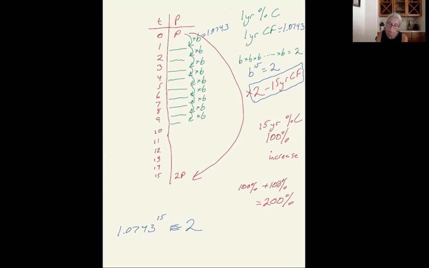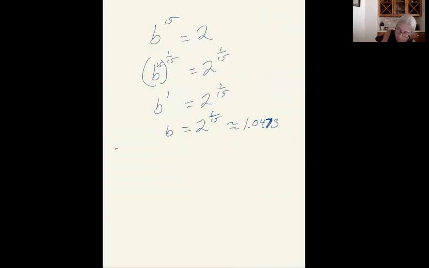Now, to go from a 1-year change factor to a 1-year percent change, you have to subtract out that original 100%, which is that 1. So let me show that over here. I have a 1-year change factor of 1.0473.